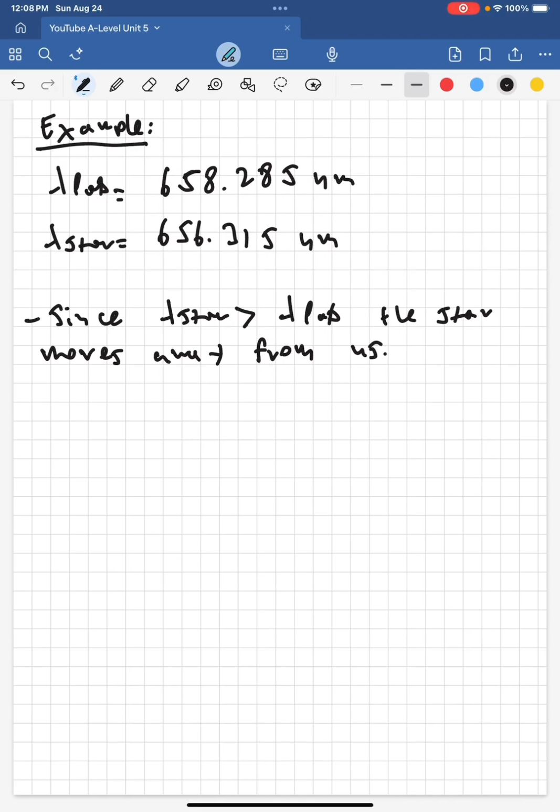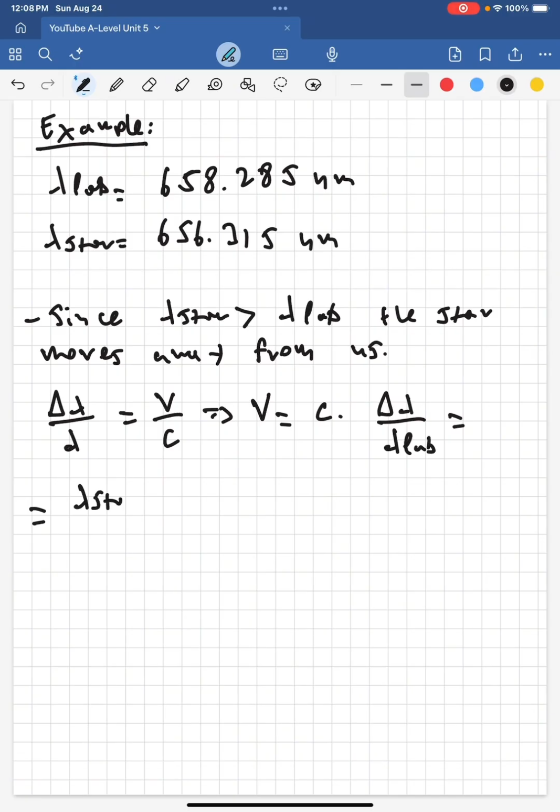So delta lambda over lambda is equal to v over c. Therefore, the speed of the star is c times delta lambda over the lambda in the lab, and we use lambda star first: lambda star minus lambda lab, over lambda lab. If we plug in, delta lambda is just 0.03 nanometers, times 10 to the negative 9 meters.